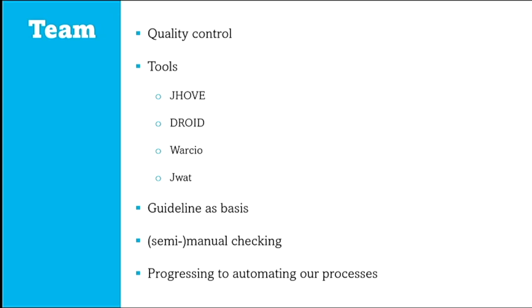We open Notepad++, and we're like, ooh, looking into the WARC. And we also use a lot of tools. So we use JHOVE, we use DROID, and you can say, well, why are you using DROID? Because it's all WARC, but we're doing this not only for WARCs, we're also doing this for PDF, for other types. So this is more broad. But for WARCs, we're also using Warcio and JWAT. And we're using the guideline as a basis for this checking process.